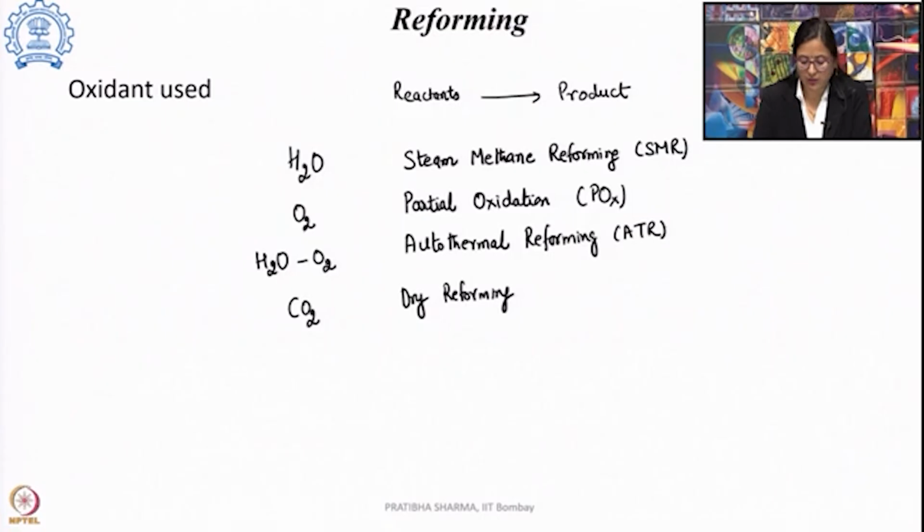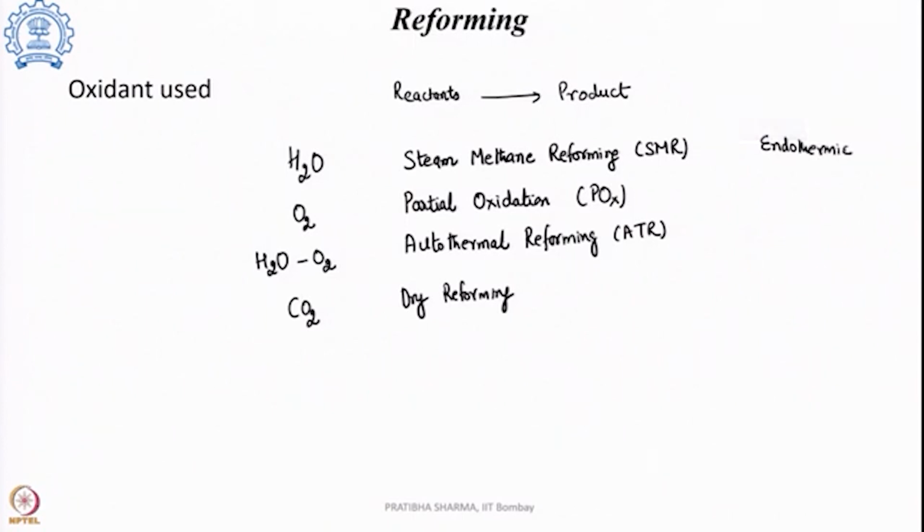The thermodynamics of the process can vary depending upon which oxidant is being used. Say for example, if steam is being used, then the process will be endothermic. If it is oxygen being used as an oxidant, in that case it is exothermic. If a combination of steam and oxygen is used as an oxidant like in autothermal reforming, then the process could be thermoneutral.